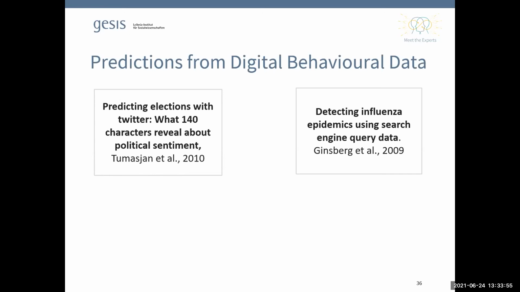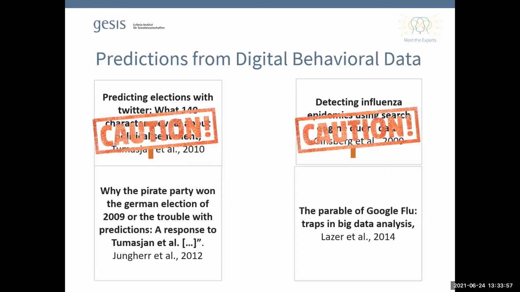Both papers were quite well received, but both papers were also responded to by different research groups later on that showed that maybe the predictions were not as good as claimed in the beginning.